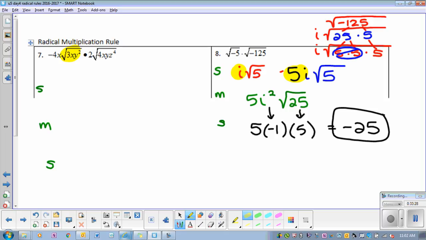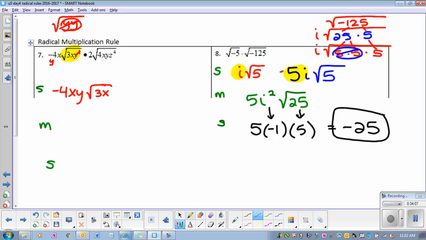So can this x come out? No. So I leave the x. Look at the y. How many y's do I have? 2. Wait a minute. So square root y and y. I need 2 in the group to come out. So look at that. y could come out of there, and then that goes away inside. Do you agree? So on the outside here is now -4xy root 3x. Yes?